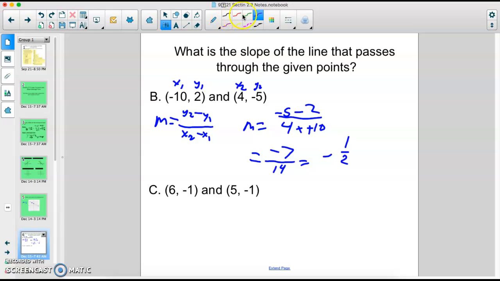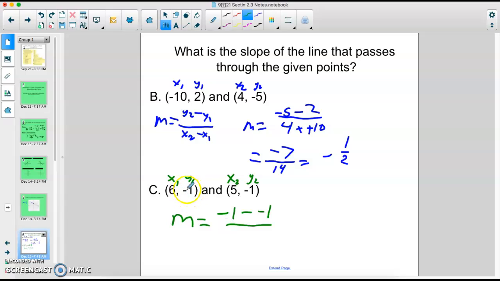Alright, this problem, again we have x1, y1, x2, y2. And we have our formula. Now this time, just to prove to you that it works, I'm going to start with this one first. So we're going to start out with y1, which is -1, minus y2, which is also -1.